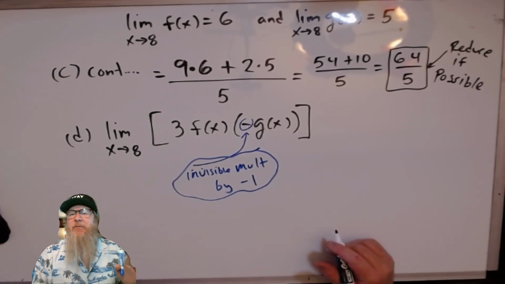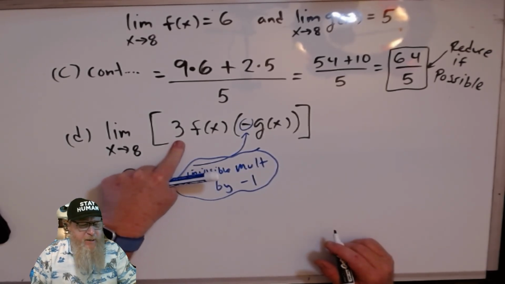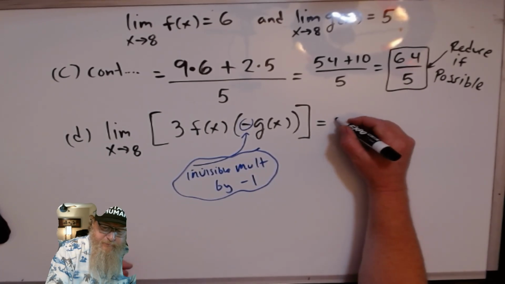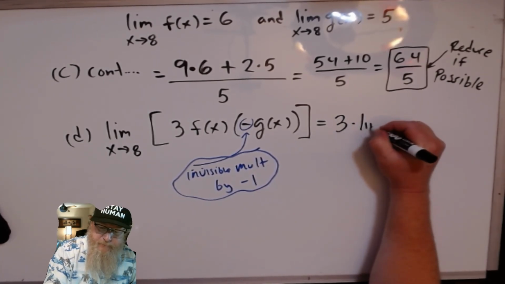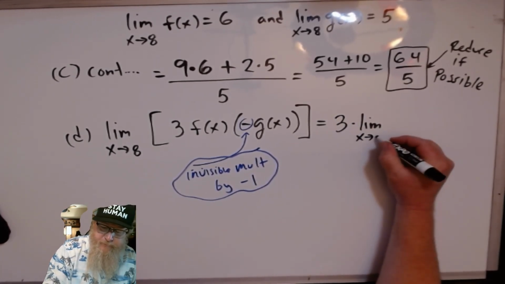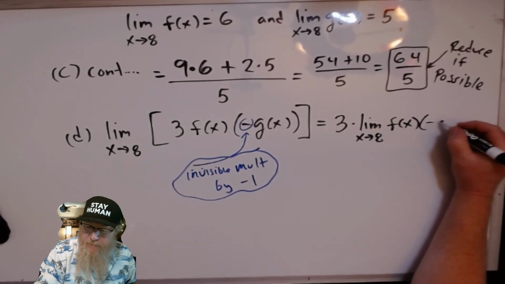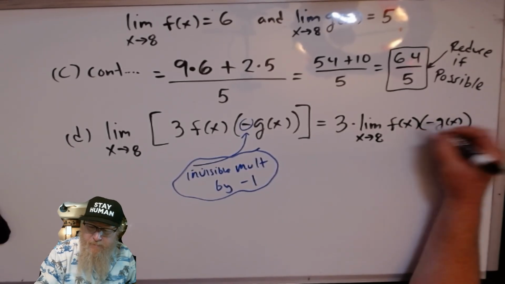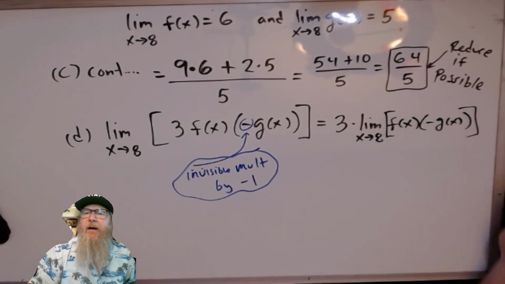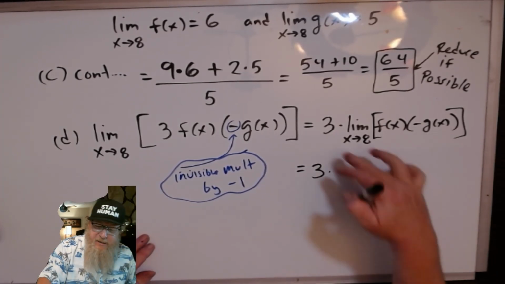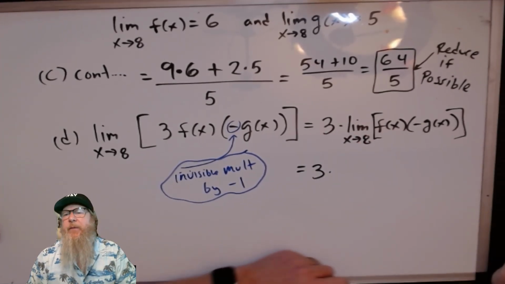So we have several properties here. The first property we can use is to bring the constant outside. I like to do that first. And then whatever I get, I just multiply that by 3, and that will be my result.